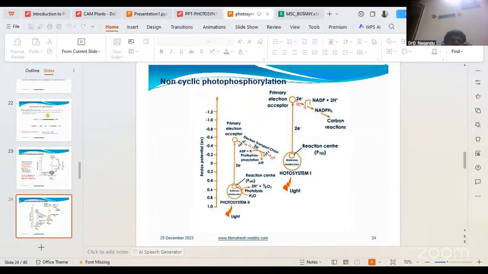That accumulated energy will be utilized here in the dark reaction. So you have no need of the light. Whatever the light energy is converted into, chemical energy, biological energy.